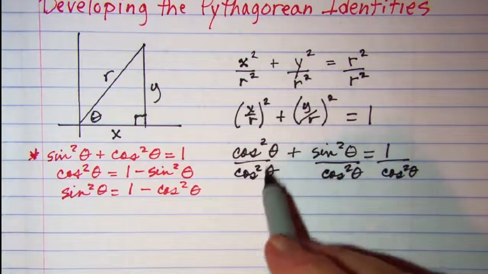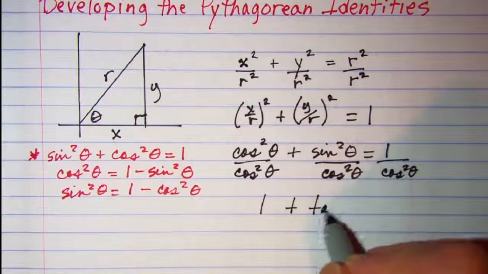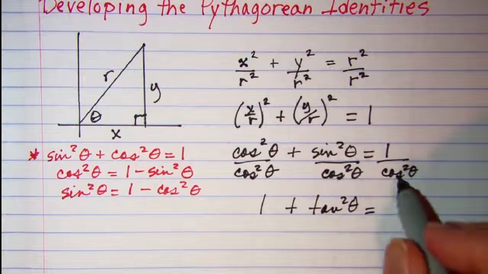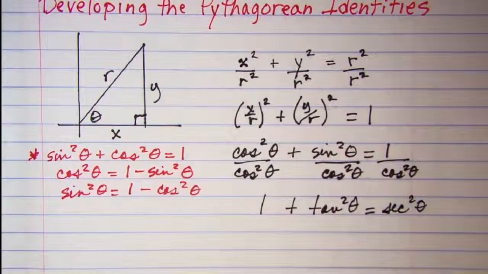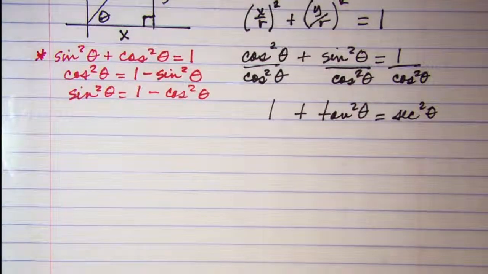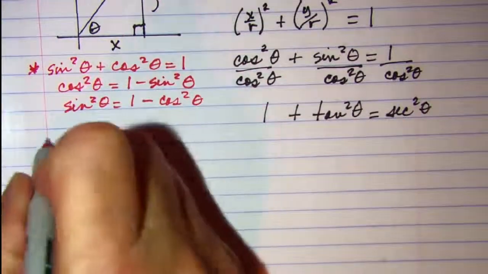And I will get 1 plus tangent squared theta equals secant squared theta. So this is another Pythagorean identity.